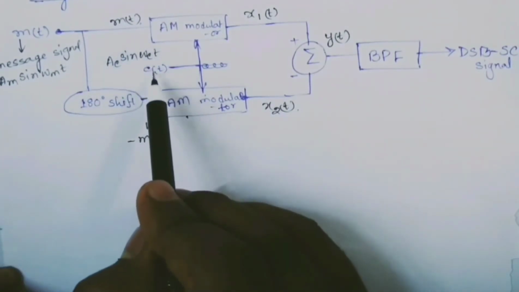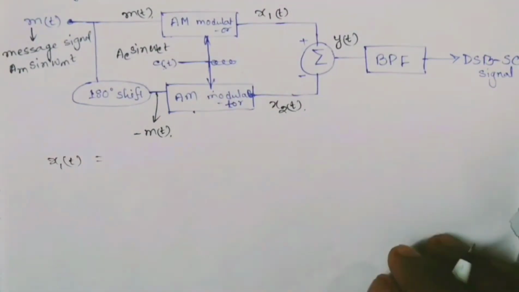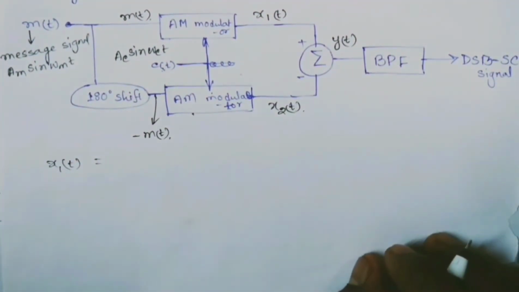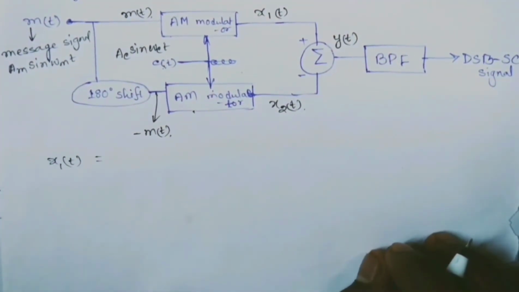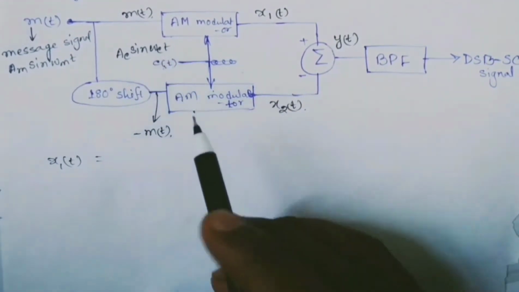So let us proceed. Since m(t) and c(t) are passed through this AM modulator, the output x1(t) will be the modulated signal of m(t) and c(t), that is, the message signal and the carrier signal.